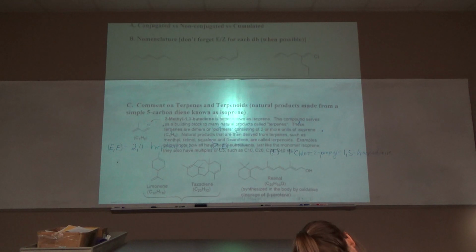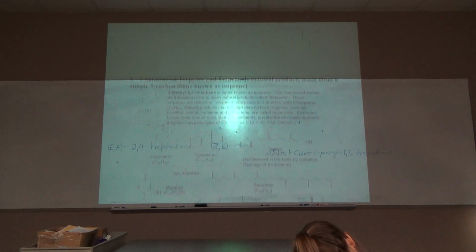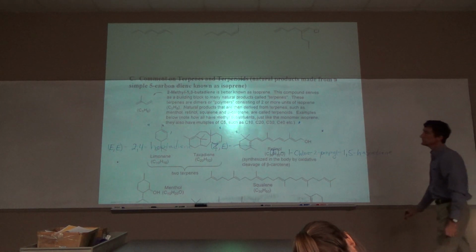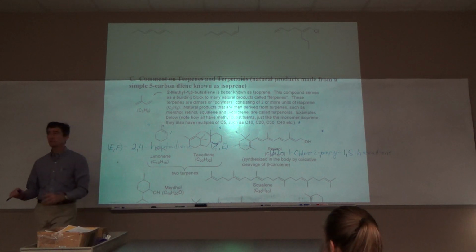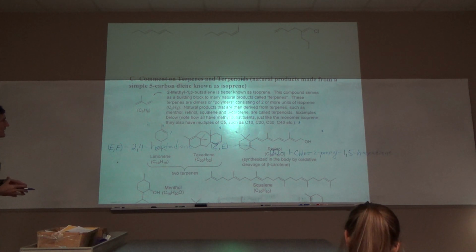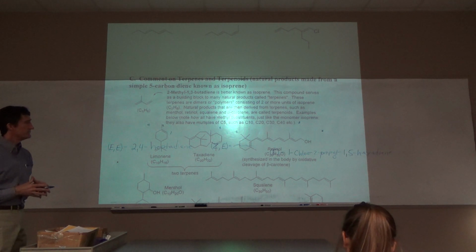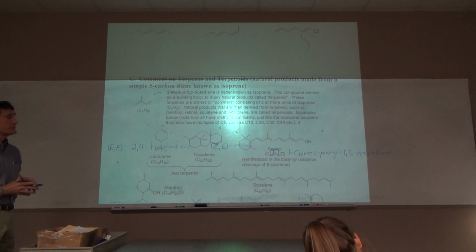Below is really another application of dienes and polyenes. Have you guys ever heard of terpenes in biology class? Terpenes are a class of natural products, often obtained from plant materials, plants and trees.